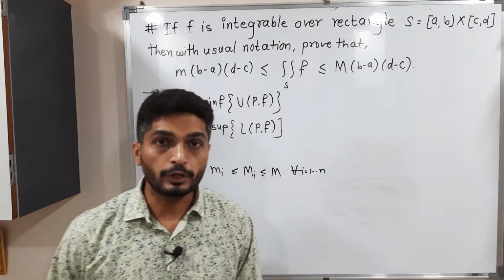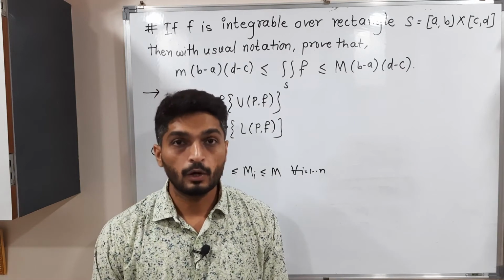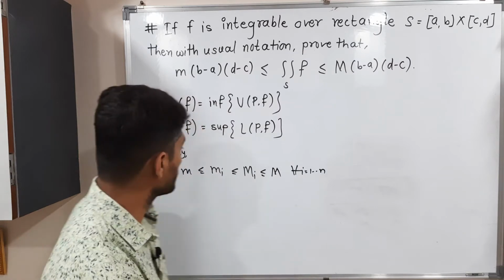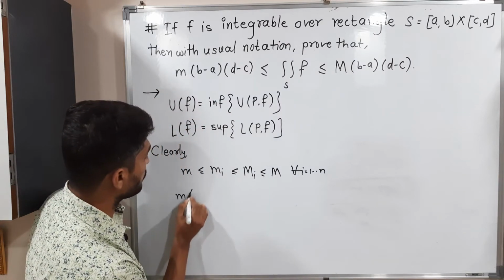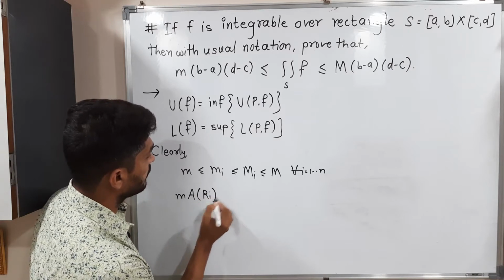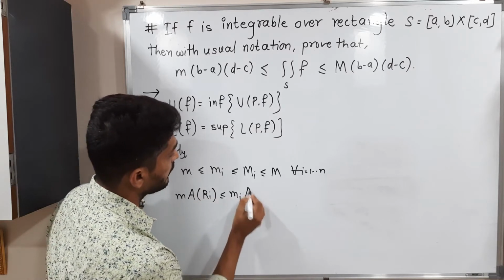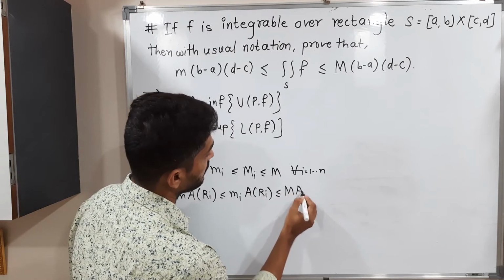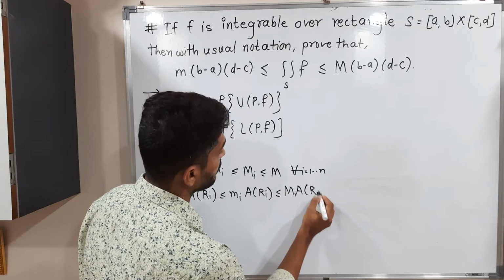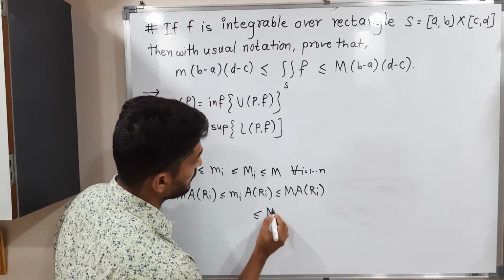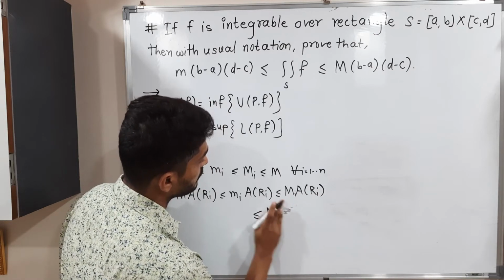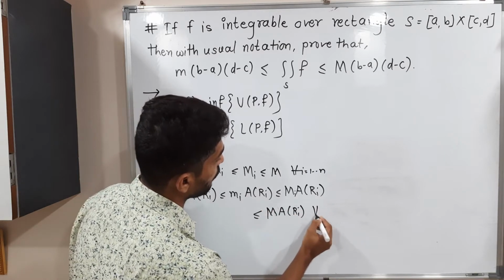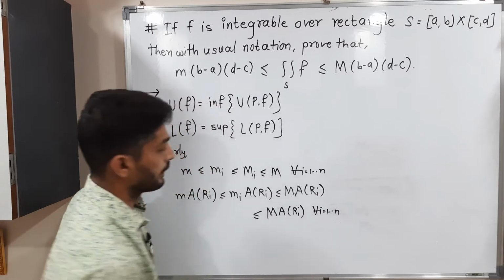After that, I'm going to multiply all sides of this inequality by the area of Ri. Let us do that. Small m into area of Ri is less than or equal to small mi area of Ri, which is less than or equal to capital Mi area of Ri, and this is less than or equal to capital M area of Ri, and this is true for all i running from 1 to n, right?